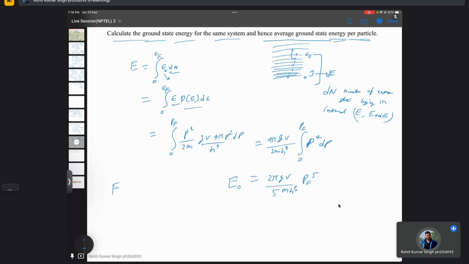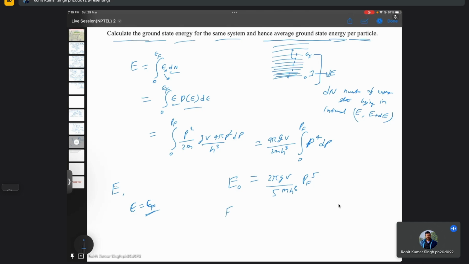You have total energy E, and the ground state is basically that state in which all the energy states up to energy EF are filled with single particles, and above that there is no occupancy. So you might think naively that the average ground state energy per particle should be equal to EF, but that's not true.